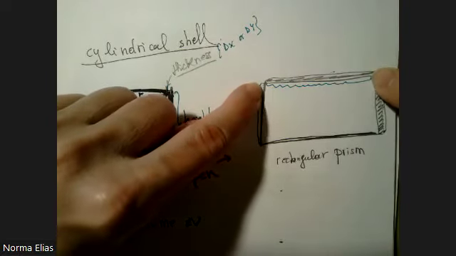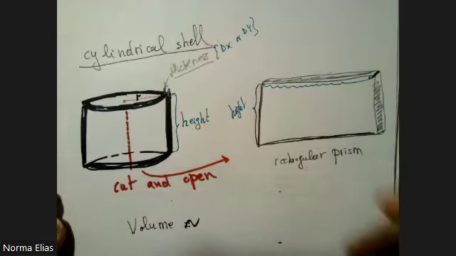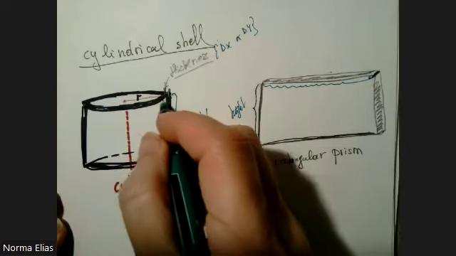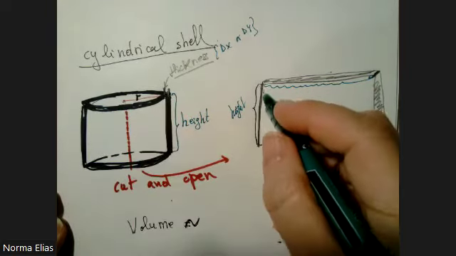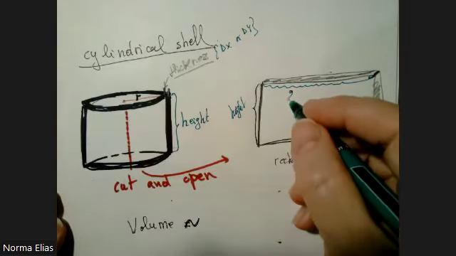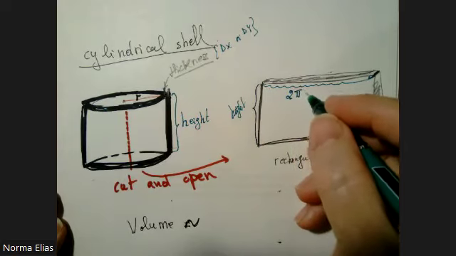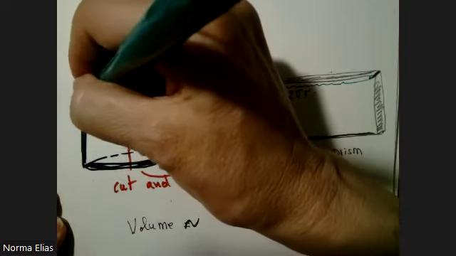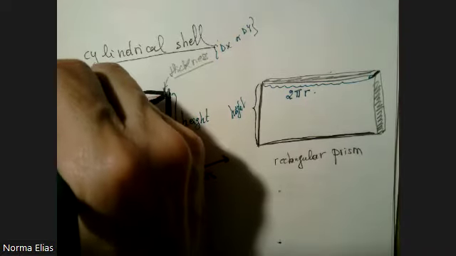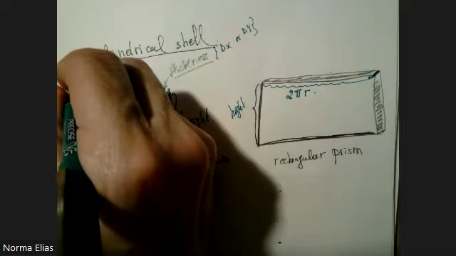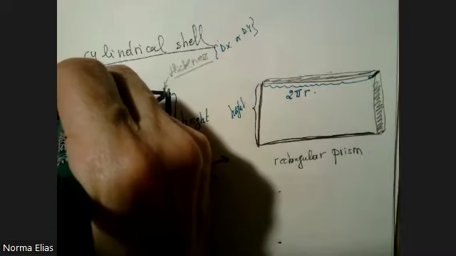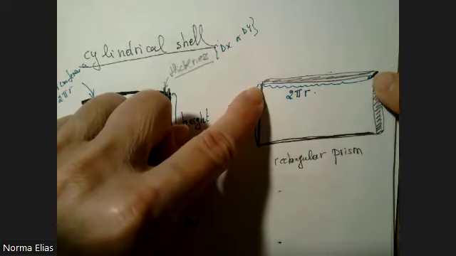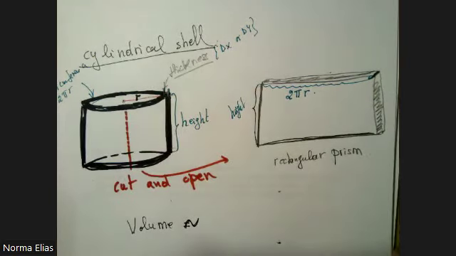So what's going to be from here to here? 2 pi, exactly. It's going to be exactly the circumference of this circle. So the length from here to here is the circumference of the circle, which means 2 pi times the radius. This is coming from the fact that the circumference is 2 pi r. And when you open it, the circumference is going to be the length of this rectangular prism.